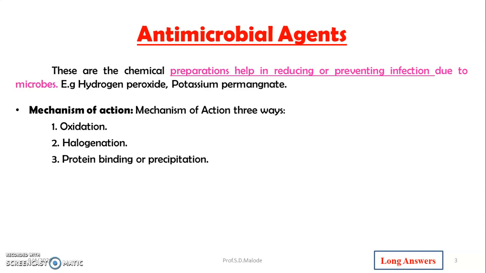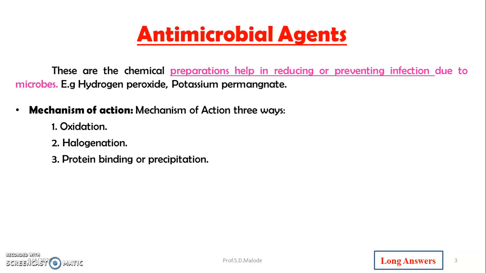Fungicides are the agents which kill the fungi. Viricides are the agents which kill the viruses. So there are n number of types of antimicrobial agents.